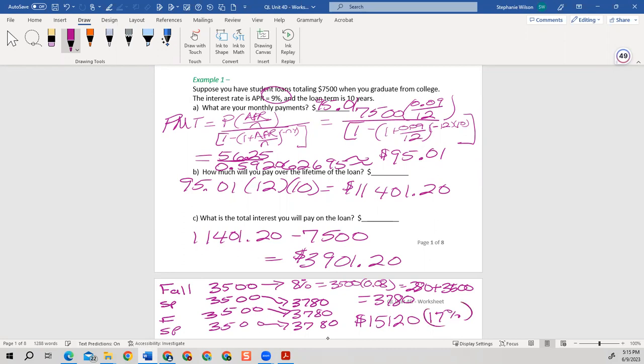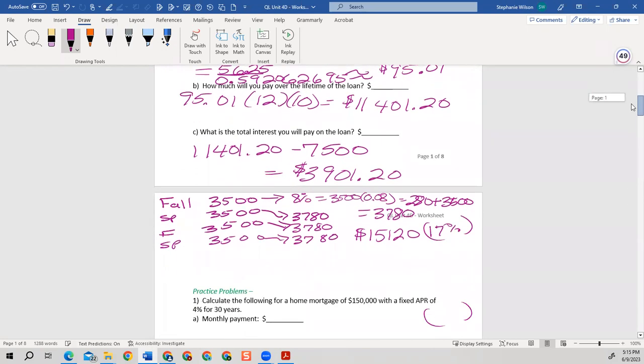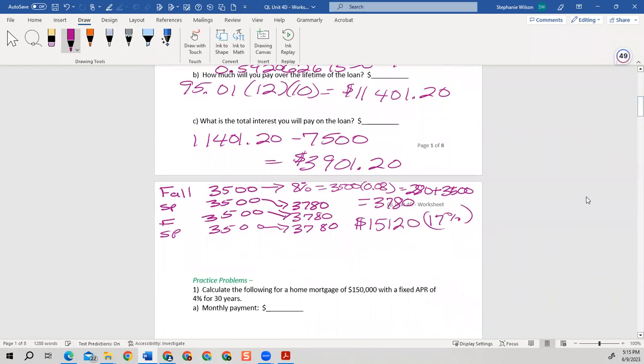You need to ask them how they're compounding it. You need to make sure it's a fixed interest, because you don't want interest increasing every year or every time you turn around, every 6 months. You don't want it to keep growing. So take that 15,120 times 0.17.